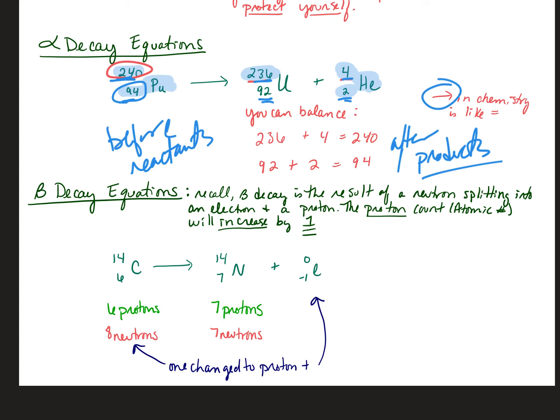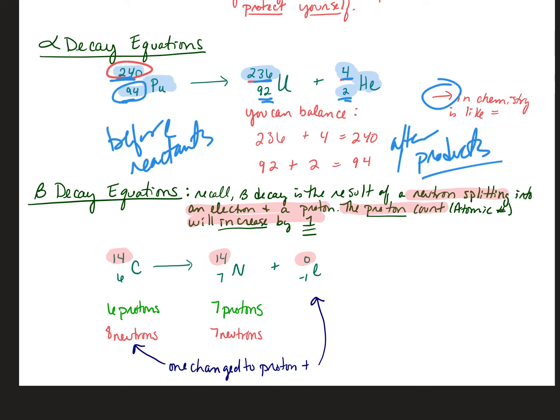Beta decay is the result of a neutron splitting into an electron and proton. So the proton count, or the atomic number, will increase by 1. So what that means, though, is that if we start with carbon-14, we end up still with 14 on the top in our nitrogen, because this guy has 0 mass.